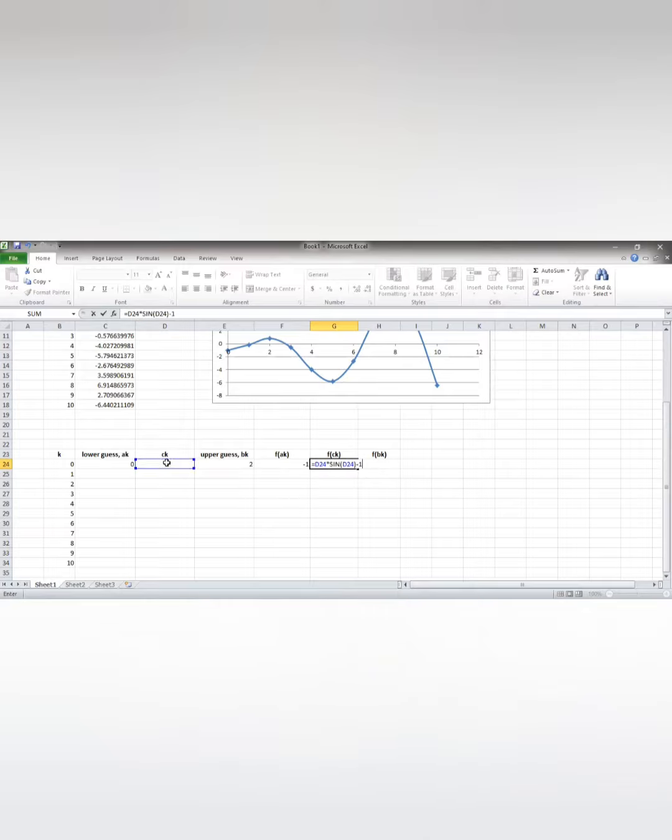Okay, minus 1. Okay, then equal to, okay, we have times sine, double click the sine, then D minus 1.